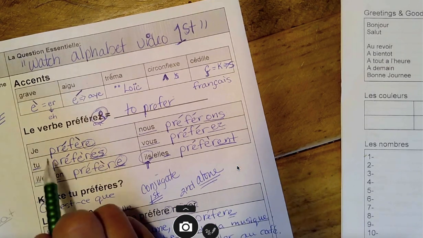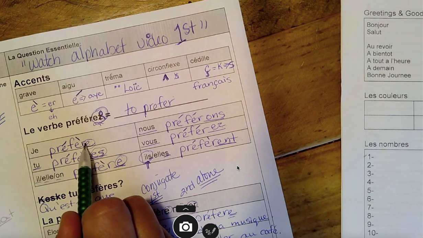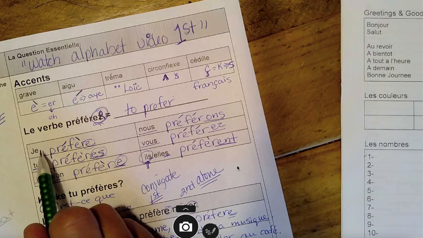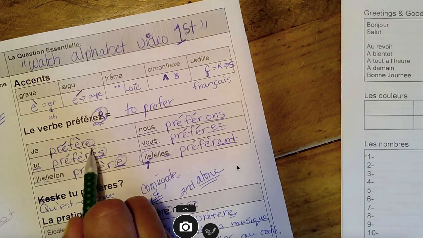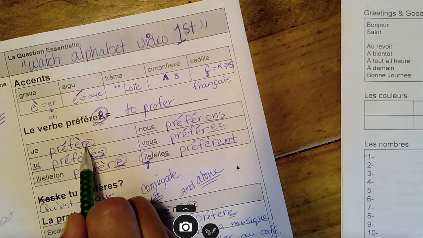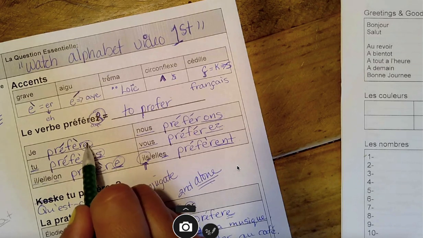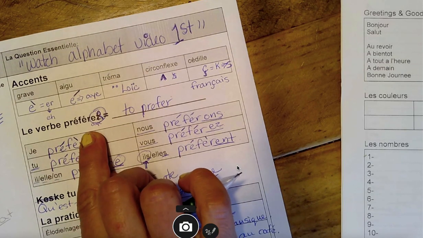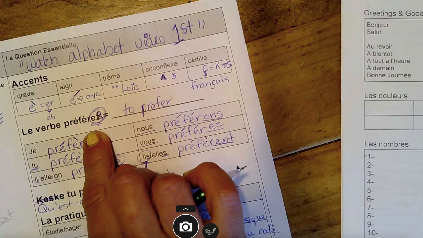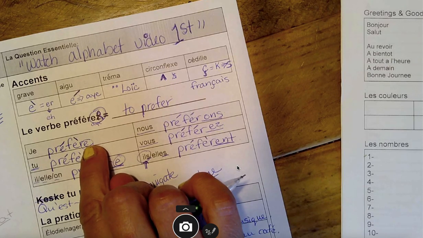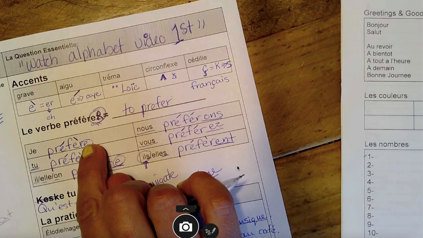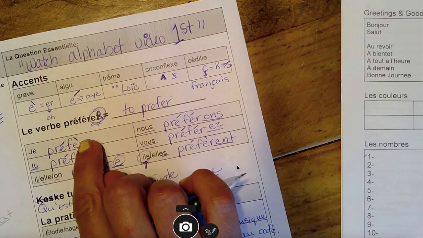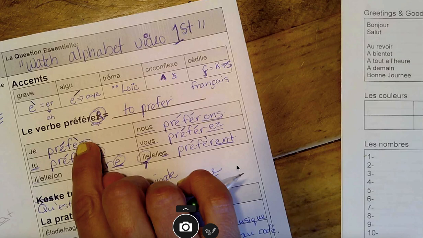So, je préfère. Je préfère. Now look at what happens. When you take the ER off and add our new ending of an E, that E is silent, so this changes to an "eh" sound instead of an "ay" sound.